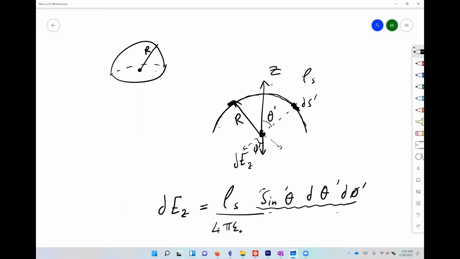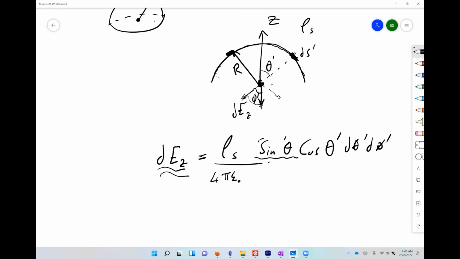But then I said I only care about the normal component, so I'm going to forget about the tangential component. I get the normal component from the total field by projecting onto the normal axis. So I have to multiply by cosine theta prime.